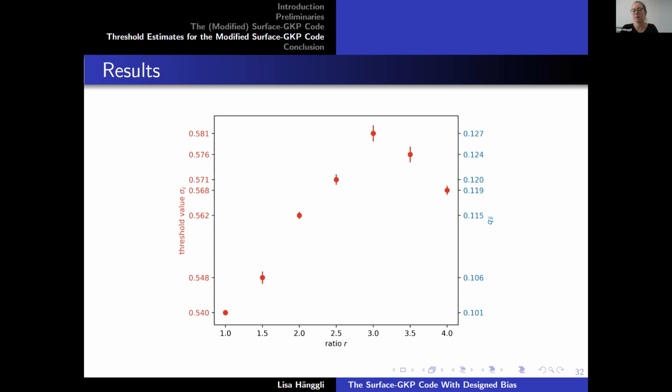But I cannot give a definite answer to that, because these are just simulations, not rigorous mathematical proofs of some statements. So I can just say what we saw in our simulation.